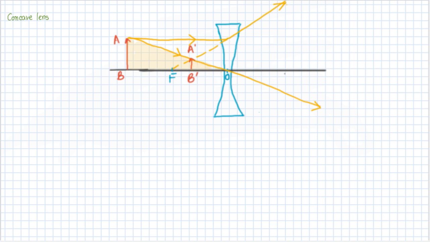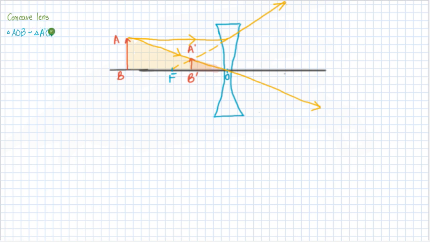Now, your triangle AOB and your triangle A dash O B dash will be similar. So I'll write down here triangle AOB is similar to triangle A dash O B dash.